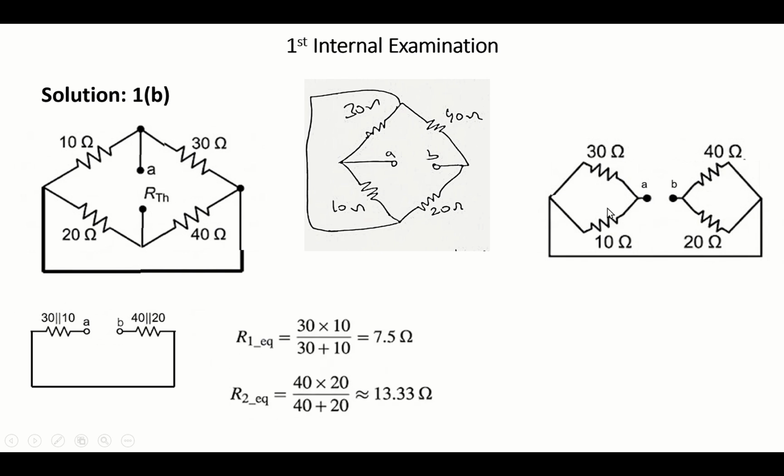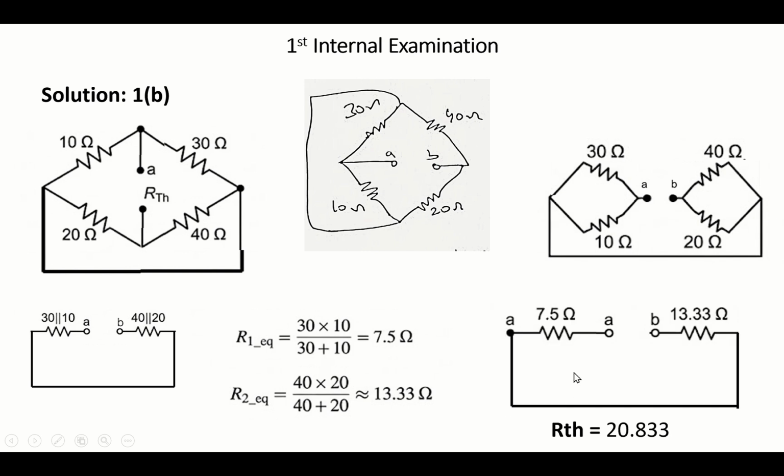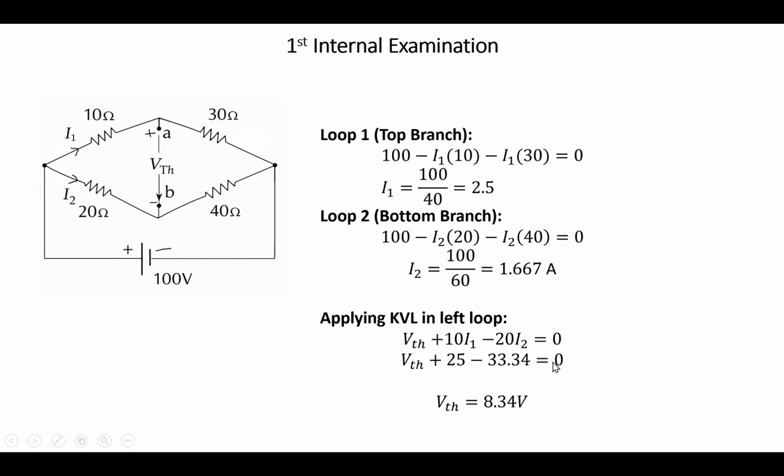So the parallel combination of 30 and 10 is 7.5, while that of the 40 and 20 parallel combination is 13.33. And thus the RTH, which is the resistance between A and B, can be written as 20.833 ohms.